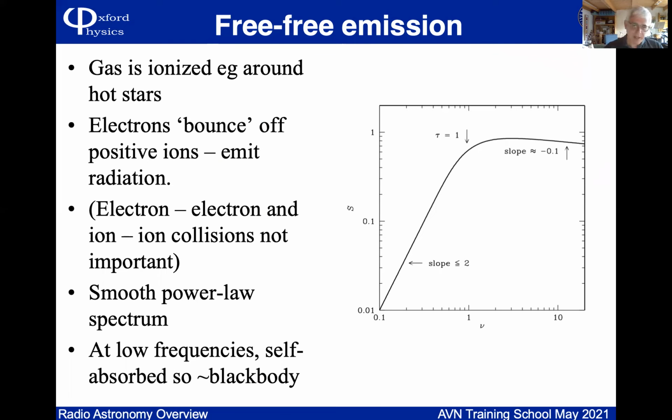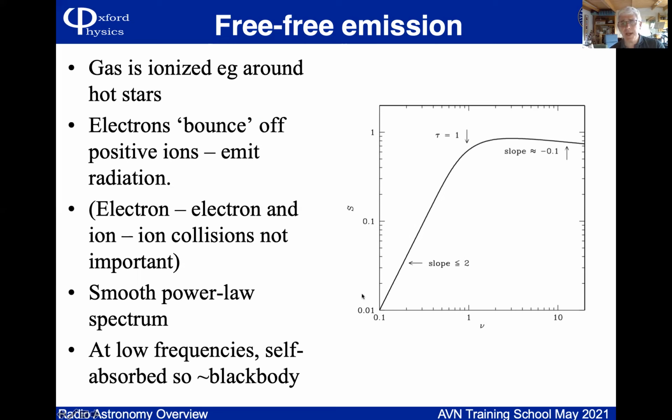Its course is sharply deflected. It turns out when you do the sums, electron-electron collisions and ion-ion collisions produce very, very little radiation. It's the fact that the electrons are light and the ions are heavy, and the electrons are the things doing the moving, that means it's the electrons which give off most of the energy.